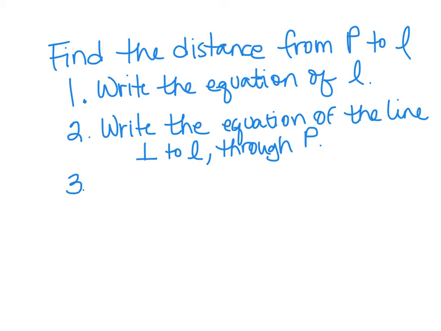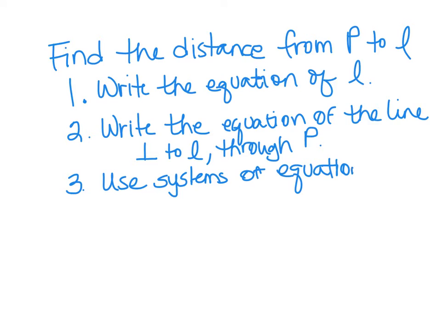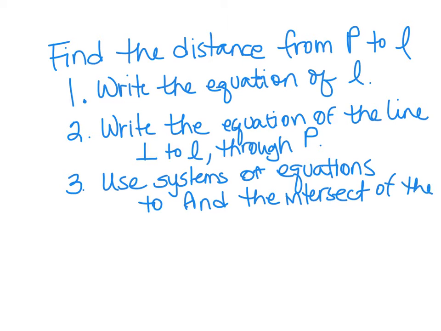All right, so now we have two equations with two variables. So we're going to use systems of equations to find the intersection of the two lines. So imagine that I have this graph here, and I have line L right here, and point P right here, okay?